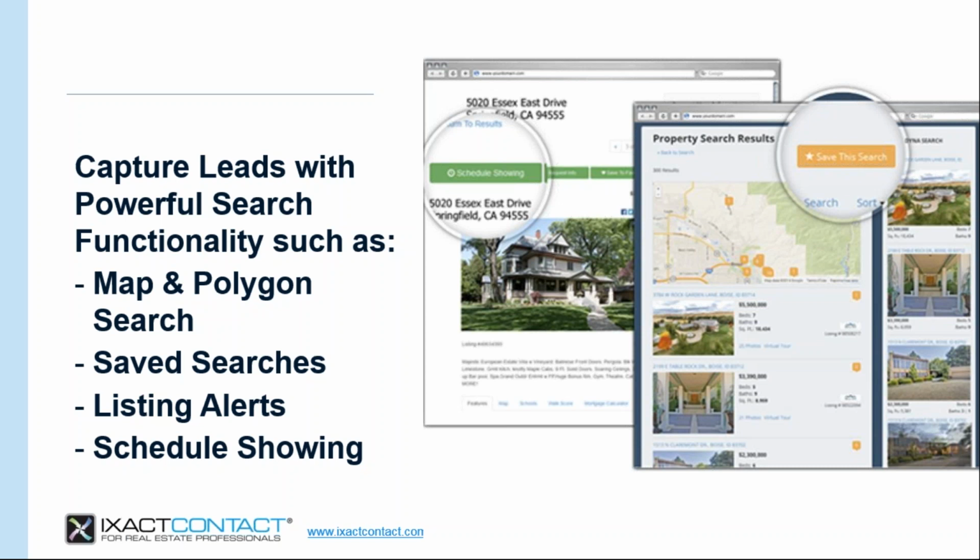When that happens, a pop-up appears and asks for their first name, last name, email address, and phone number. Of course, when they hit submit, now they'll get those listing alerts, but you are 1 instant later getting a new lead alert email, right? So that's how your website leads to driving new leads for you.